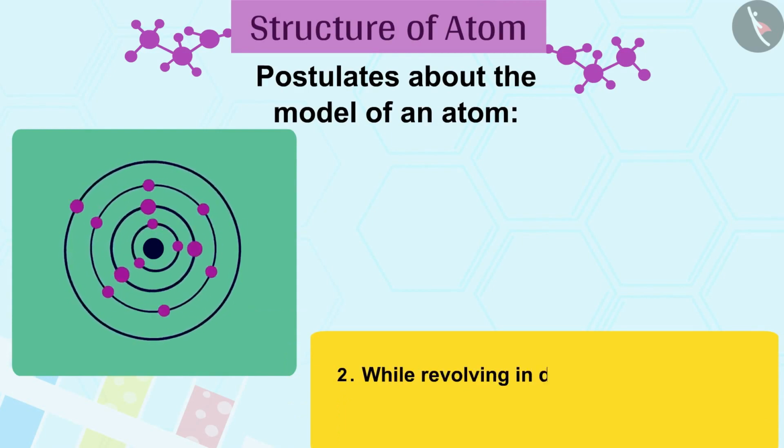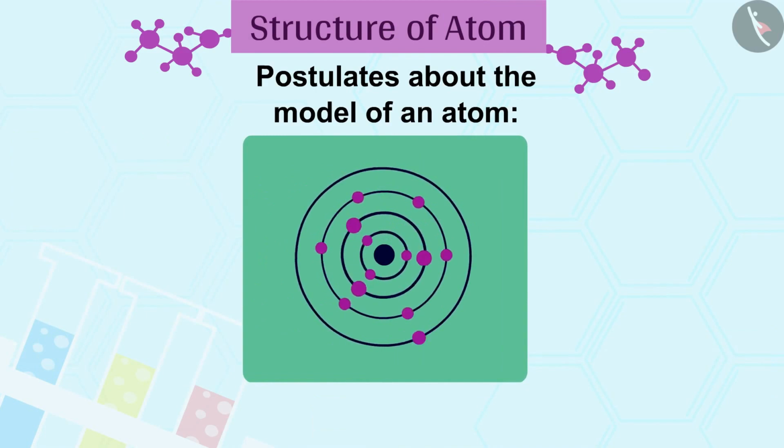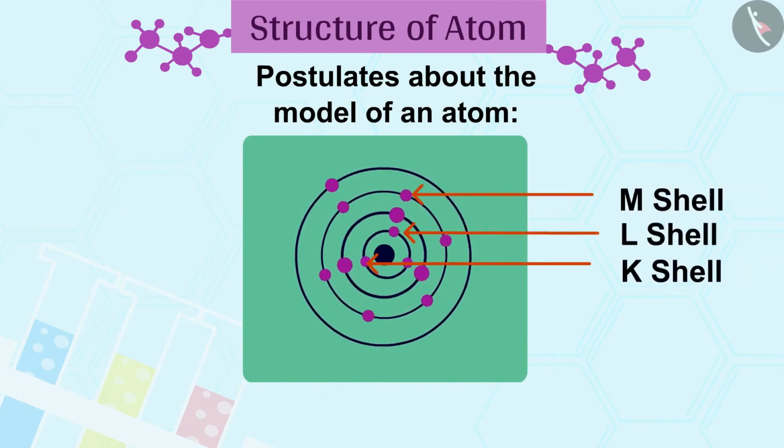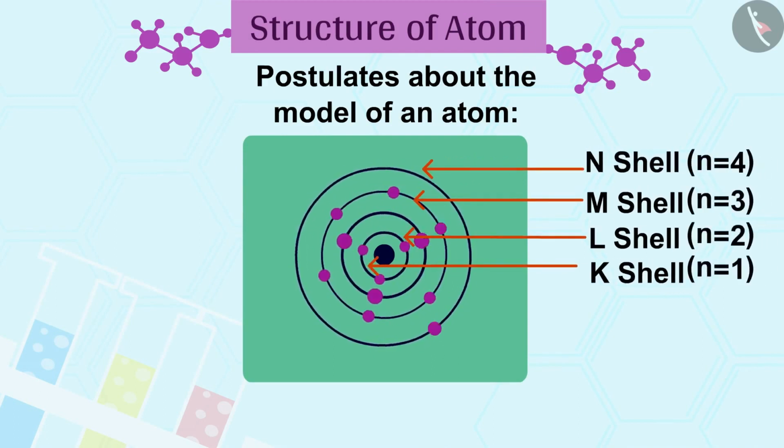While revolving in discrete orbits, the electrons do not radiate energy. These orbits or shells are represented by the letters K, L, M, N, or the numbers n equals 1, 2, 3, 4, and so on.